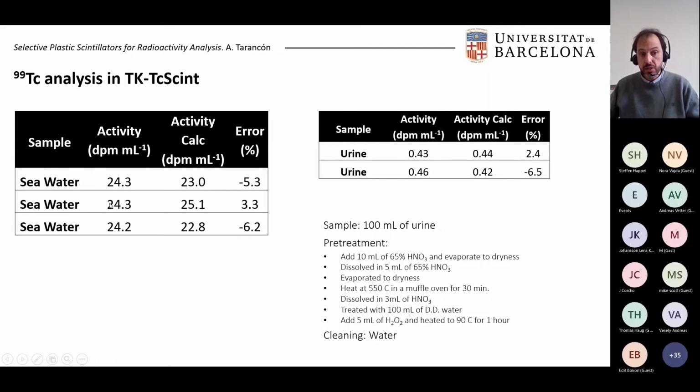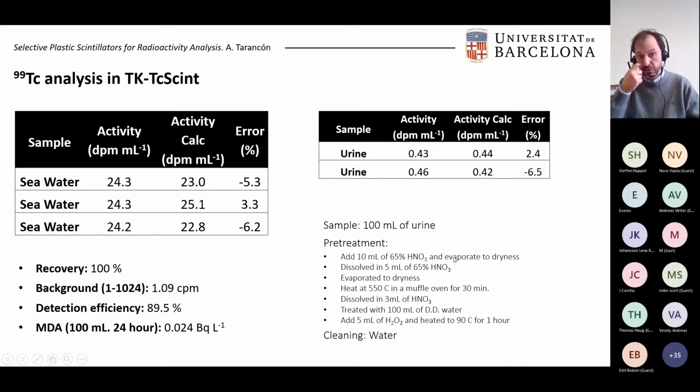In the case of seawater, the sample was analyzed directly with quite low errors, and in the case of urine, there is the need to make a pretreatment in order to avoid the presence of organic material in the sample. So you have to treat with nitric acid and also evaporate to dryness and heat in the muffle oven to remove the organic matter.